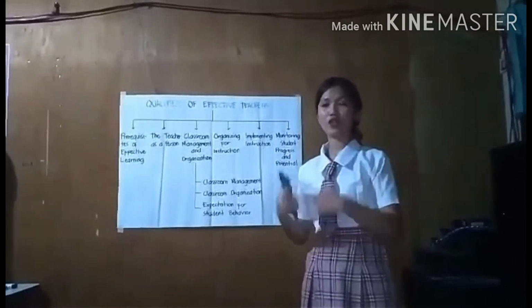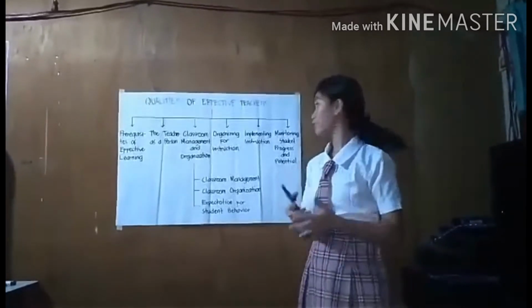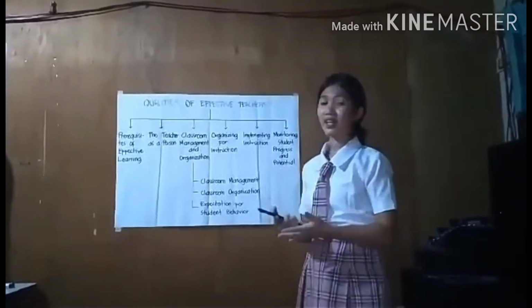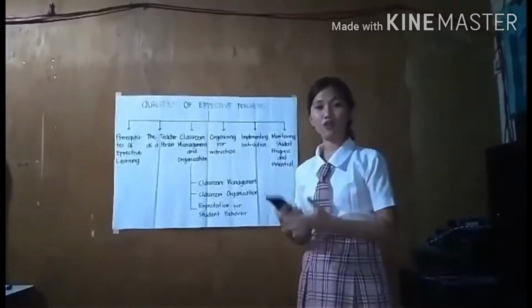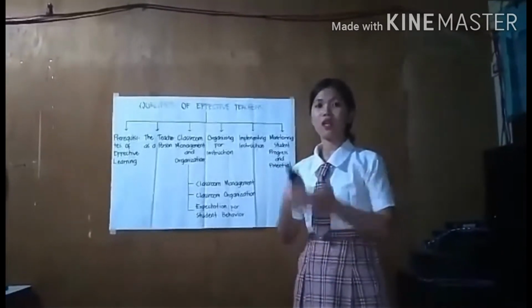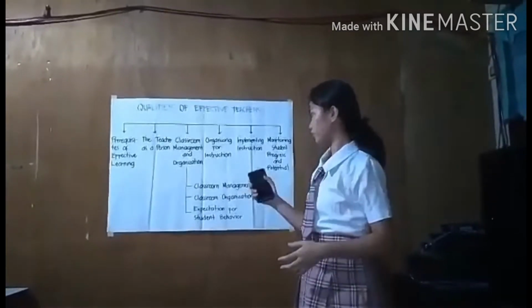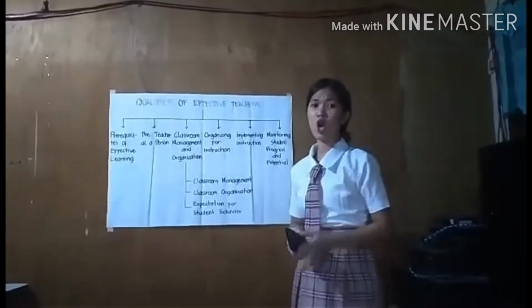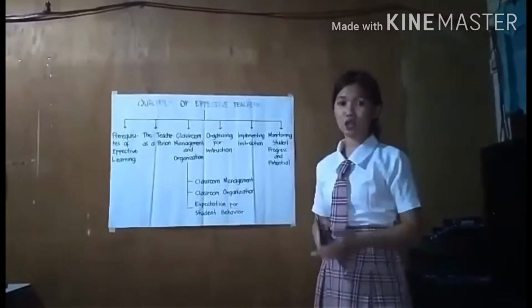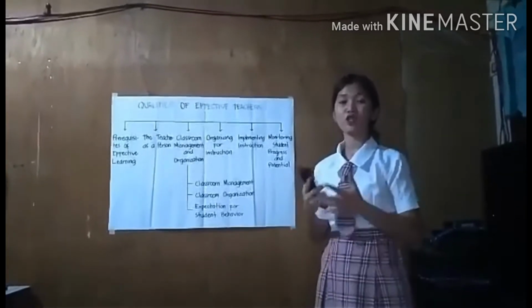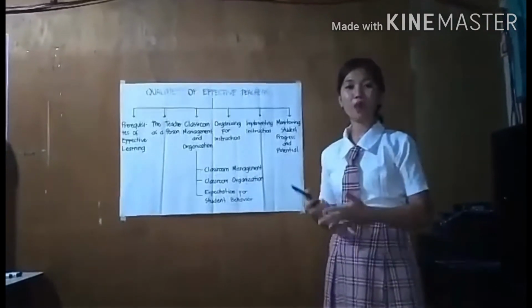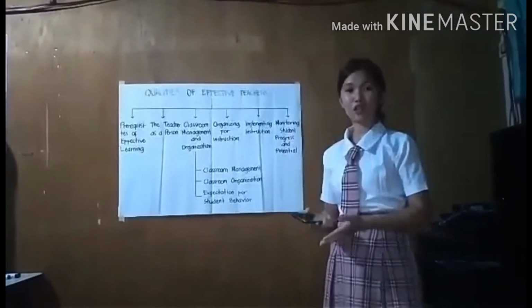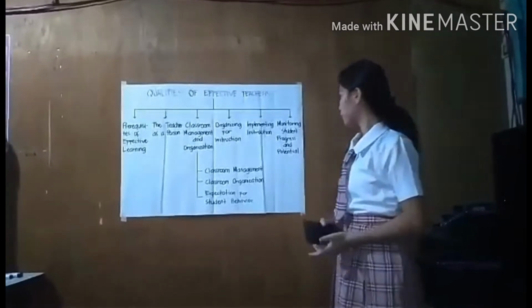For you to give an instruction, it should be organized so that every student would understand and follow it. Implementing instruction. When you implement an instruction to a student, it should be clear so that they will easily understand and comply with what instruction you give.